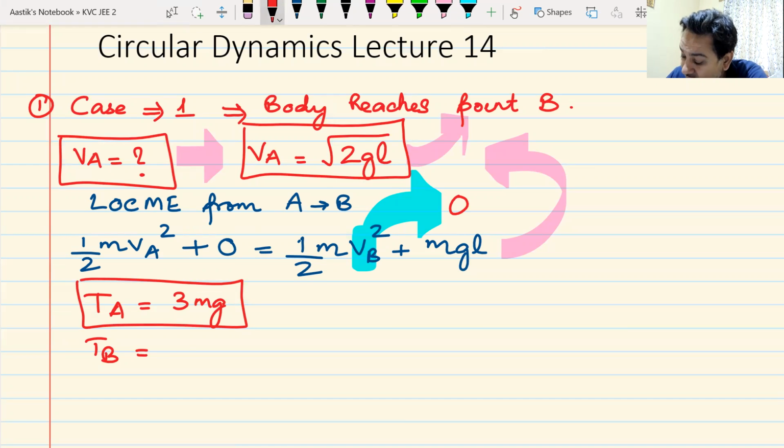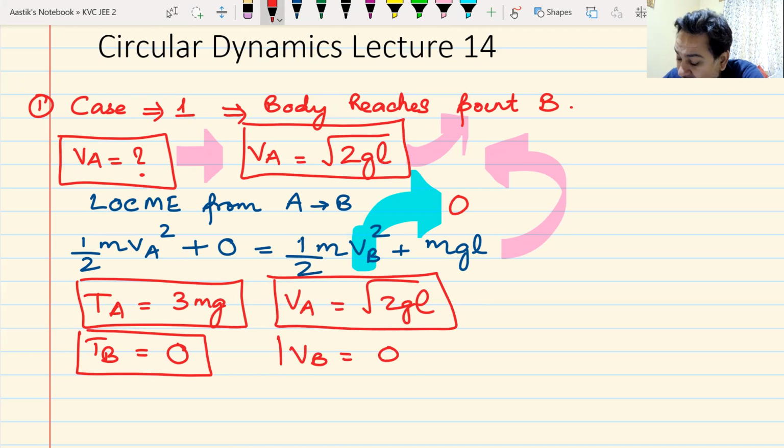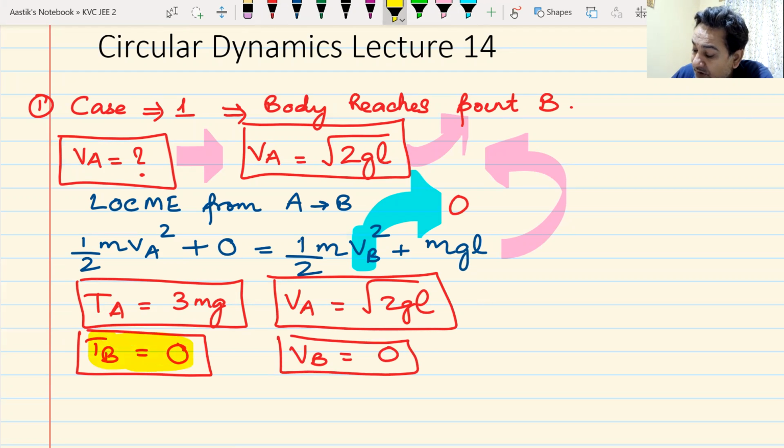So here I write all the things that could be asked in this question. Tension at point A is 3mg. Velocity or speed at point A is root over 2gl. Velocity or speed at point B is 0. As you can see, both the velocity and tension at point B are becoming 0.